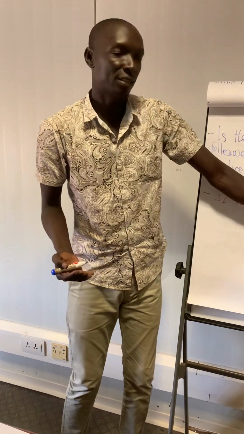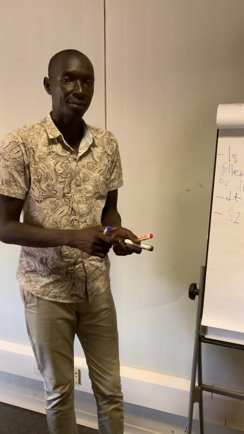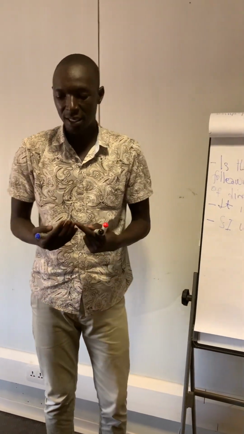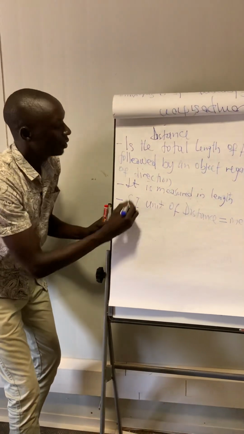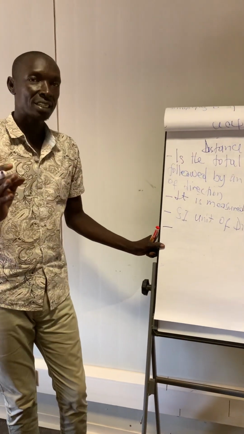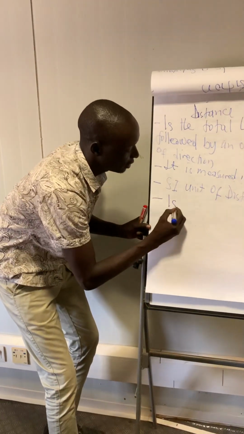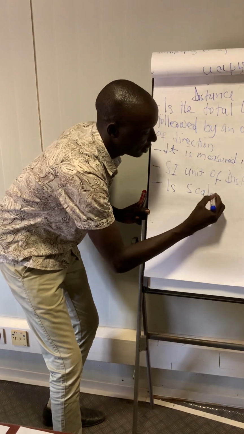But the standard unit of distance is the meter. So that's what we need to know. Also, distance, because it does not focus on the direction an object takes, is a scalar quantity.